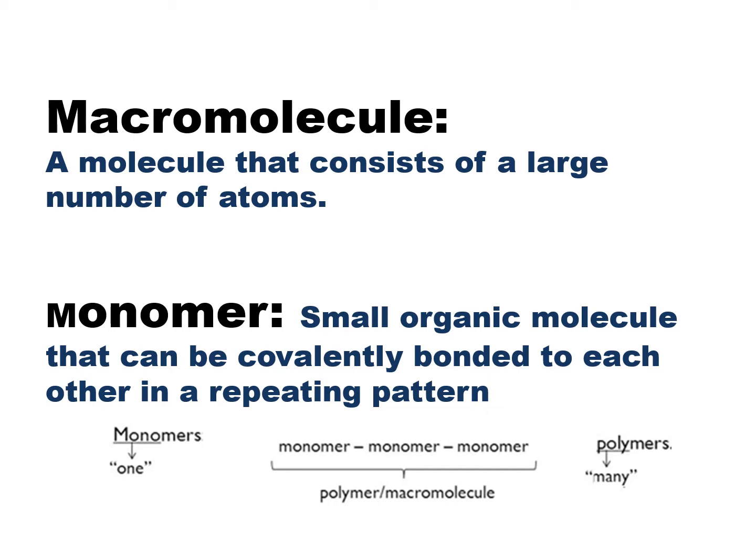A monomer is a small organic molecule that can be covalently bonded to each other in a repeating pattern. Remember, mono means one and poly means many. So when you have many monomers connected or combined, you will get a polymer. And a polymer is a macromolecule.